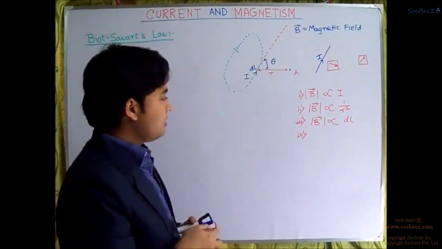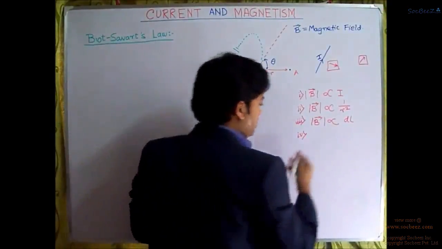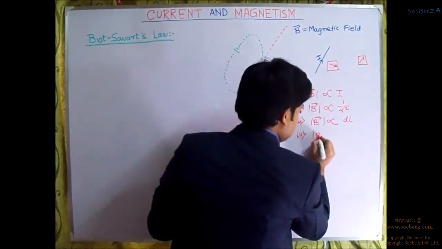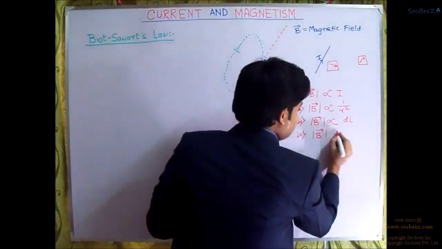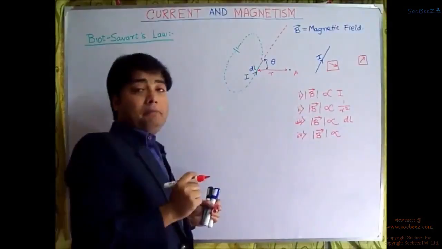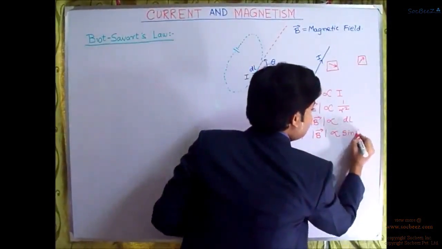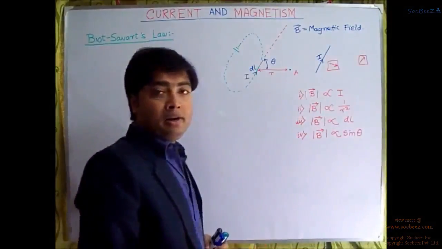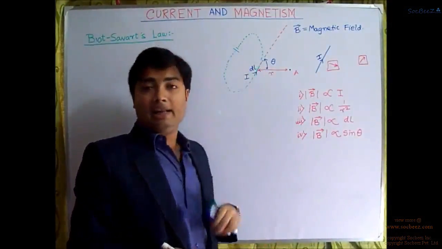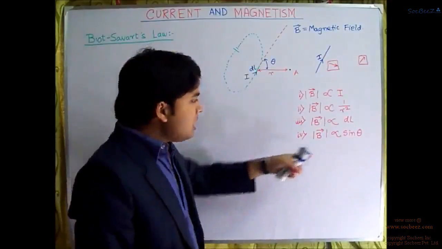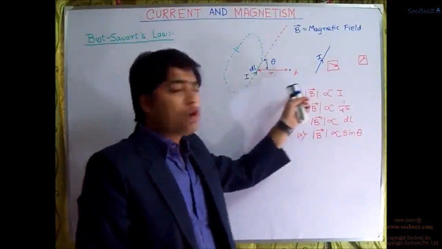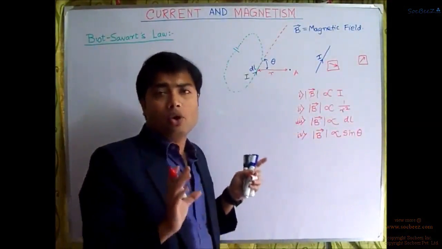It states that the magnitude of this magnetic field is directly proportional to the sine of the angle between r and dl. This is all about the Biot-Savart Law.